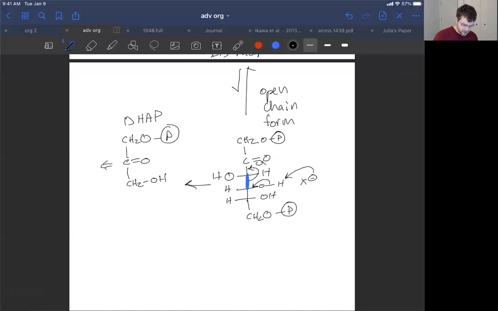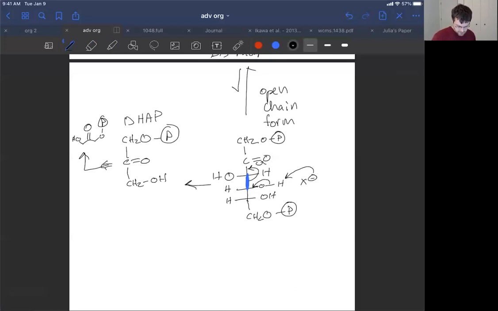Maybe you want me to draw that. So there's a phosphate. There's an OH. So if you look, that looks like acetone with two hydroxy groups at the alpha position. One of the hydroxy groups has a phosphate group attached to it. It's like it's done a phosphorylation. So that's where the dihydroxyacetone phosphate comes in.